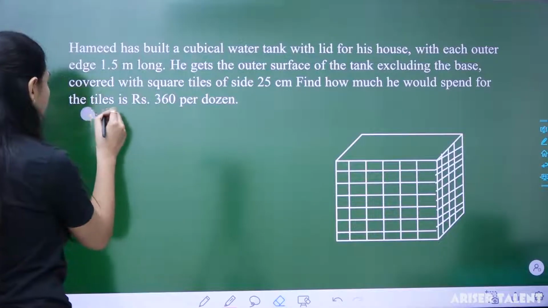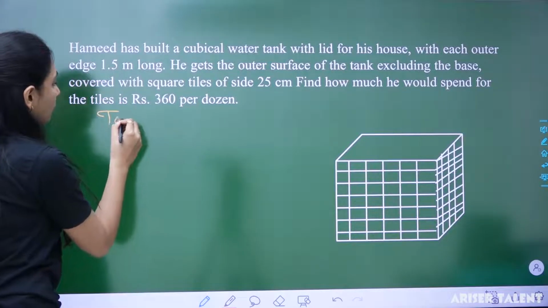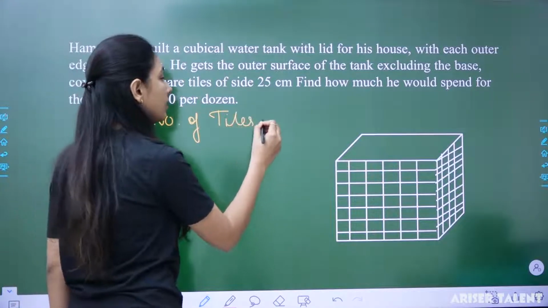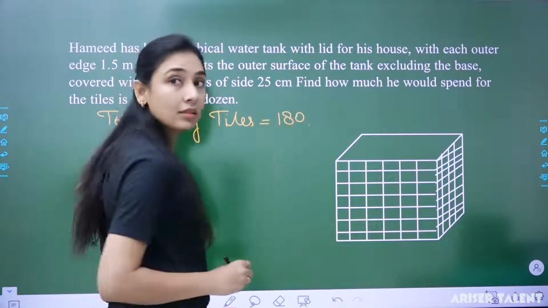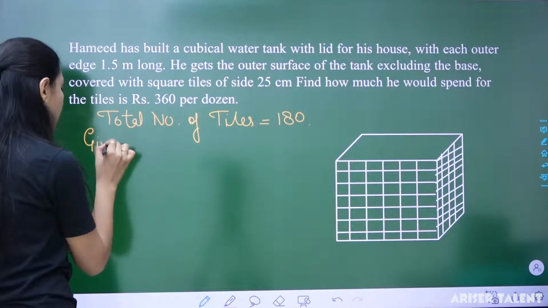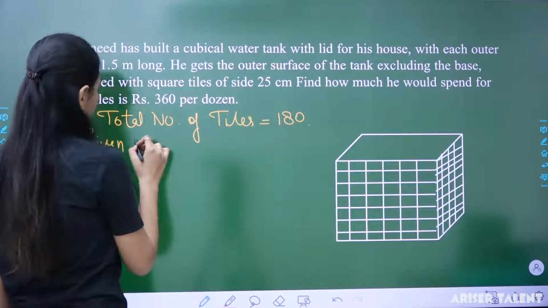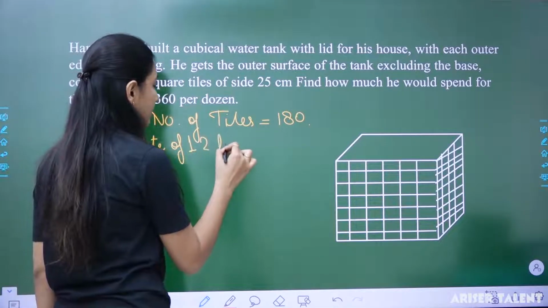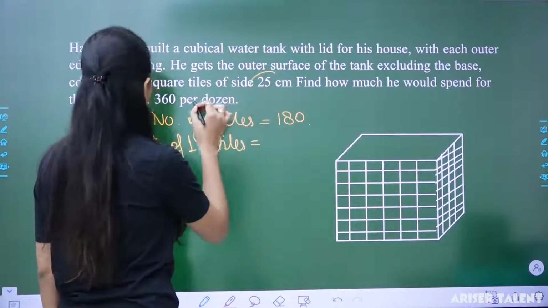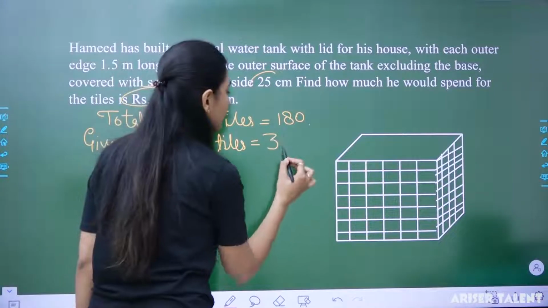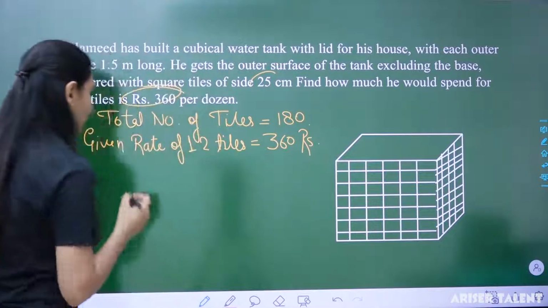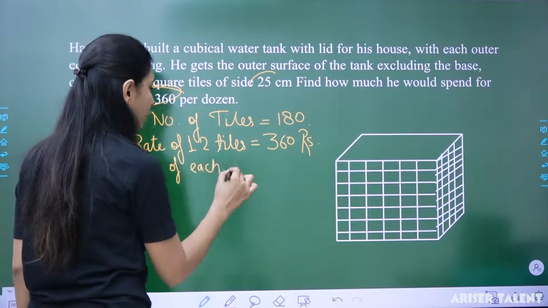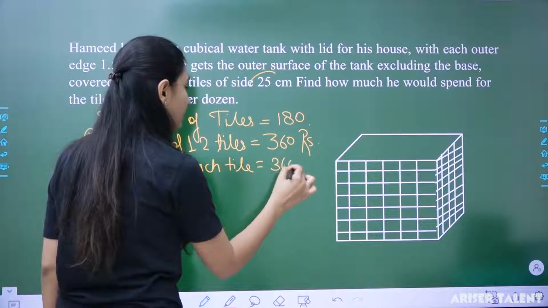That means total number of tiles equals 180. Okay. Now given, rate of 12 tiles equals, or where was the rate here? 360 rupees. Okay. So cost of each tile will be equal to 360 by 12 simply.